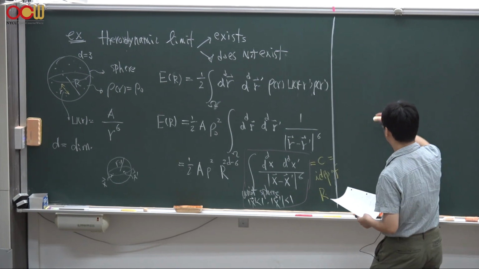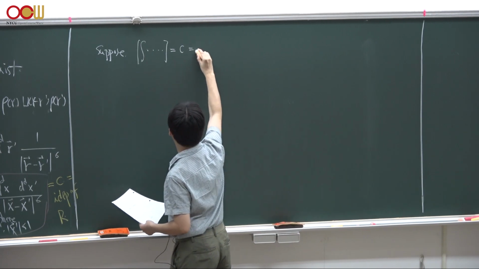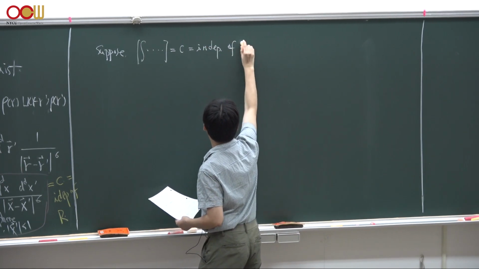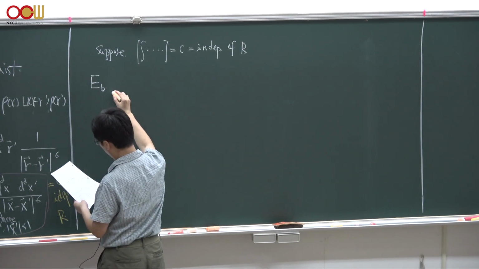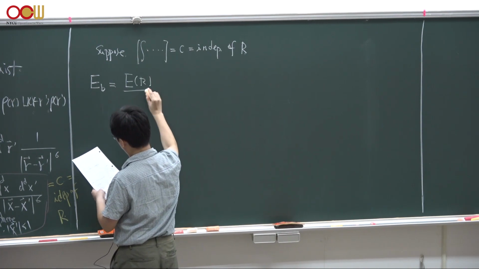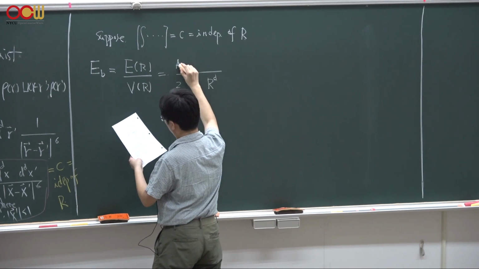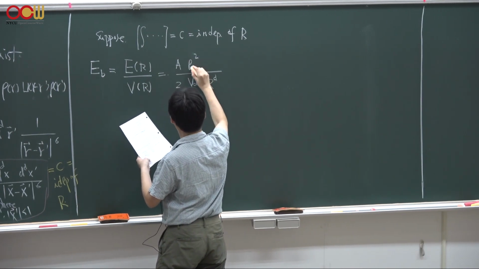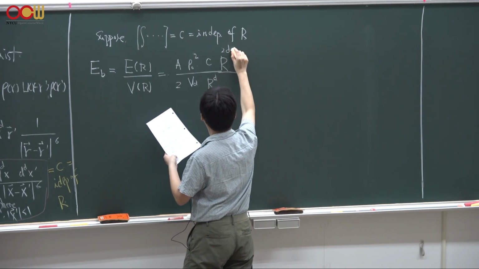So suppose that this integral is actually a constant independent of radius R. Then this bulk energy density, E_B, which is defined as the total energy divided by the volume of the sphere, is given by A times rho squared times C times radius to the power 2d minus sigma.